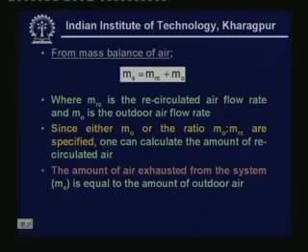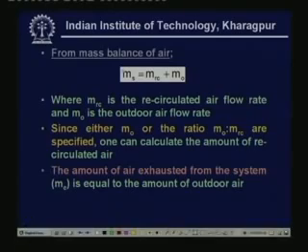Since either m subscript O or the ratio MO by m RC is specified, one can calculate the amount of recirculated air, because we have calculated this, and from ventilation requirements we know this. So you can calculate what is the recirculated air. And the amount of air exhausted from the system is equal to the amount of outdoor air, as I have already explained.